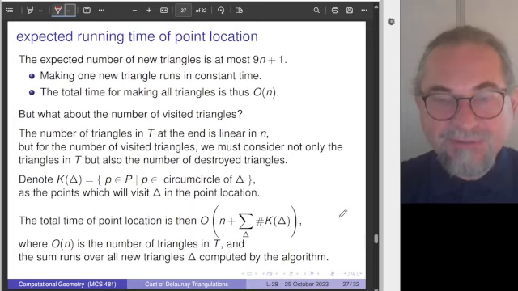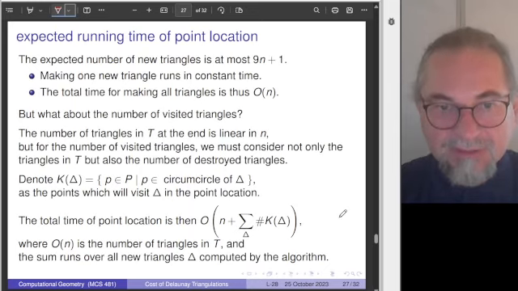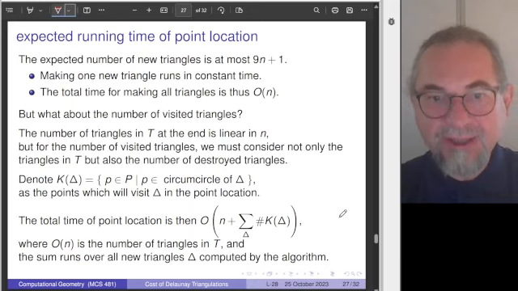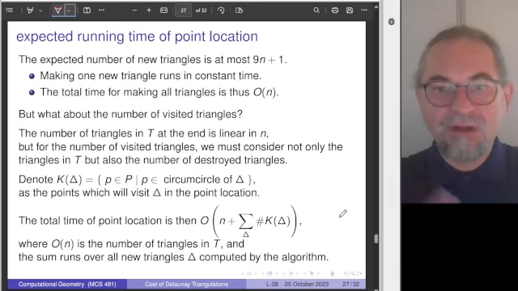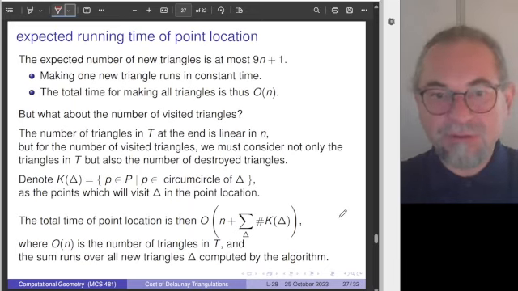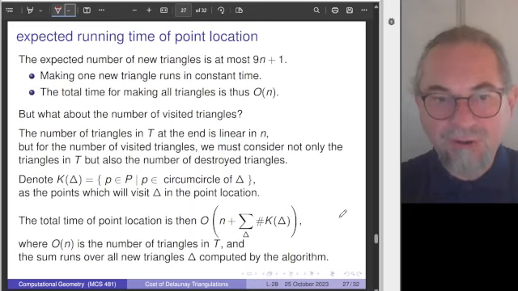So the title of the slide is the expected running time of the point location. We have a notation, this capital K, that is the set of points that is contained in the circle of any triangle in a triangulation.